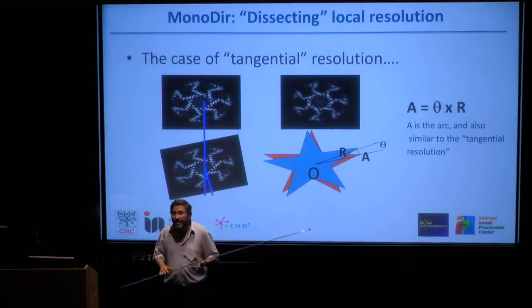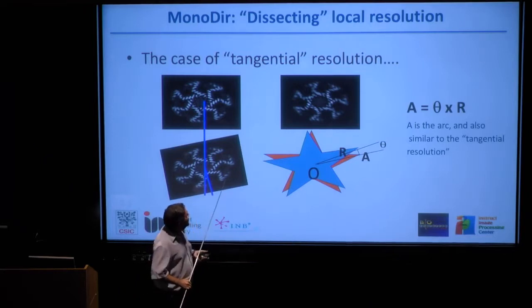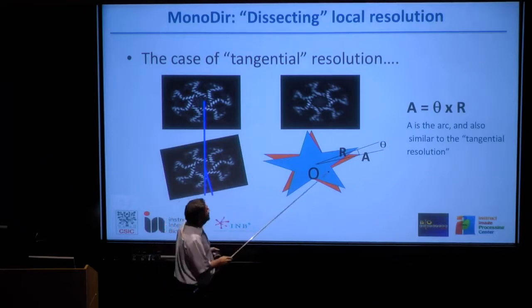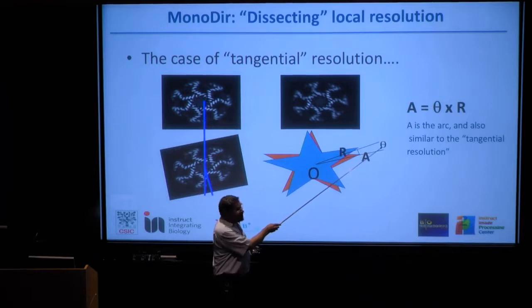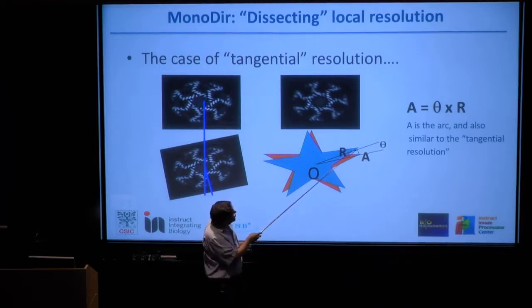And using very simple geometry, I can say, well, listen, if this is my structure and I have the center of rotation in the center of my structure, if I have a certain angular error, well, the angular error is going to create a blur, is going to create some uncertainty of where this point is going to be.